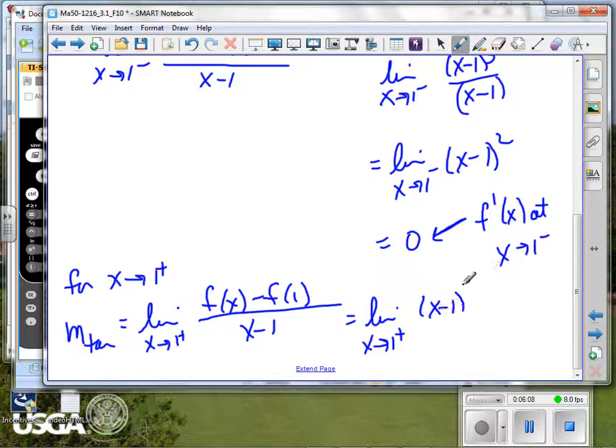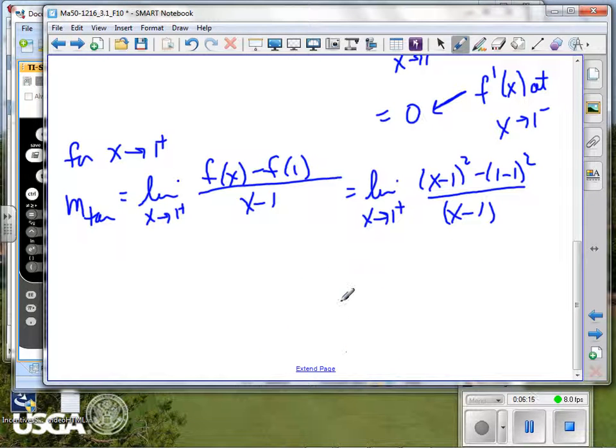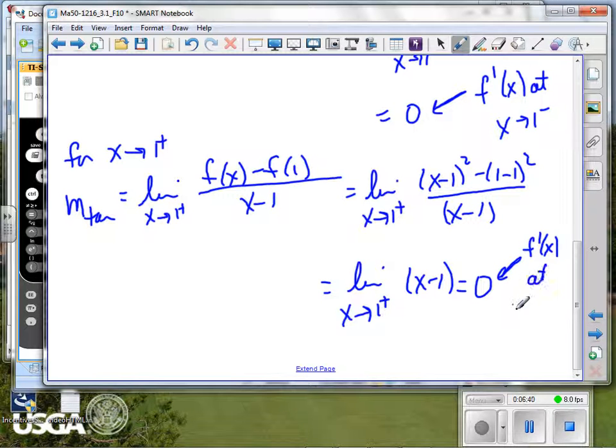So x minus 1 quantity squared minus 1 minus 1 quantity squared divided by x minus 1. We'll use the shortcut on this one. And I end up with x minus 1. Do I get 0 again? Yeah. Again, this is the derivative at x being approached from the greater than 1 side.